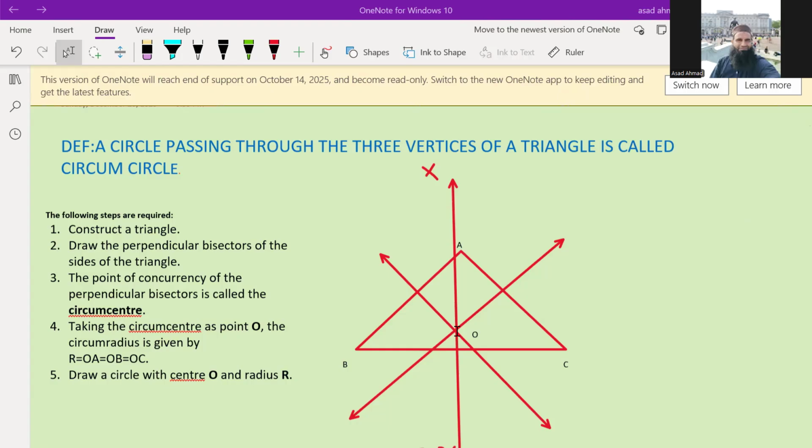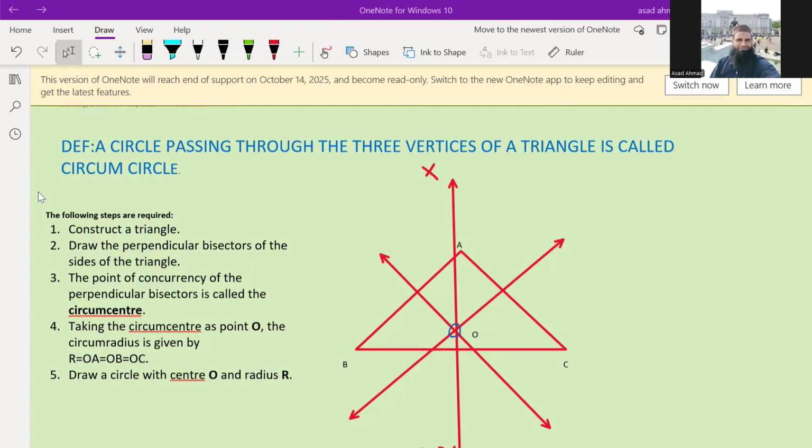as the center of the required circle. Whenever we have to draw a circle, we need two things: one is the center of the circle and the other is the radius of the circle. From this diagram, we have selected the center as the point of concurrency of perpendicular bisectors. This is point O, which is highlighted right here. This point will be taken as the center for the required circle.